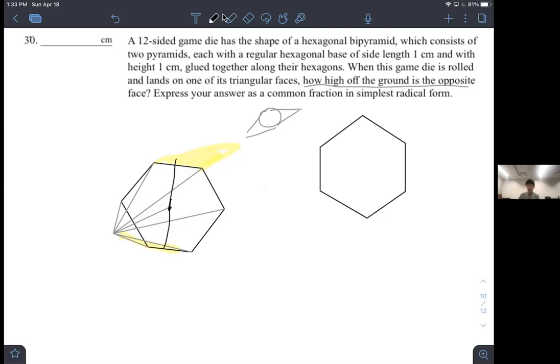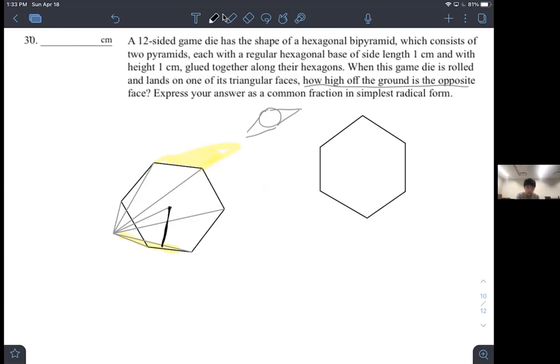Since these 2 lines are parallel, the distance between them is constant. So we can shift it, and we can take the line that's perpendicular to both of these faces through the center of our hexagon. Then this is actually just 2 times this length right here.